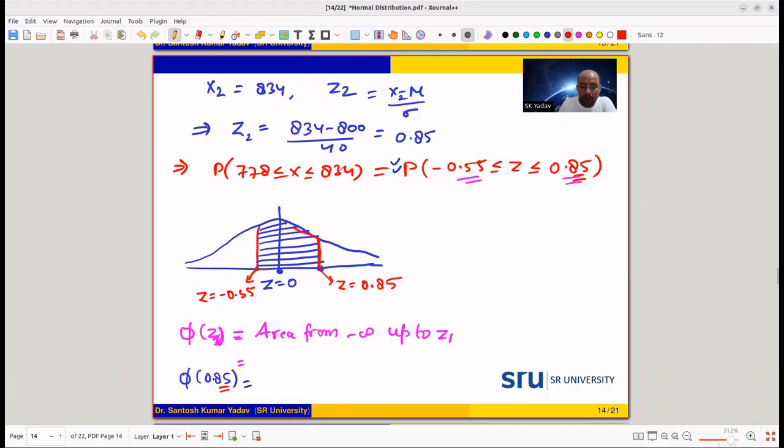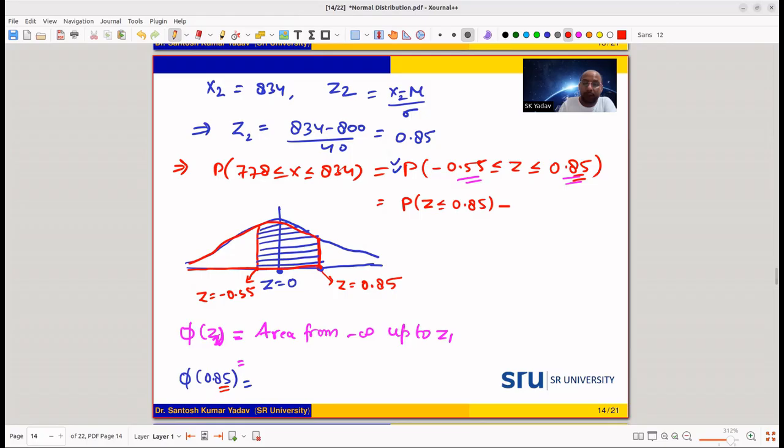So area from minus infinity up to this point, the entire area above the x-axis up to this point, I can write as P of z is less than or equal to 0.85.